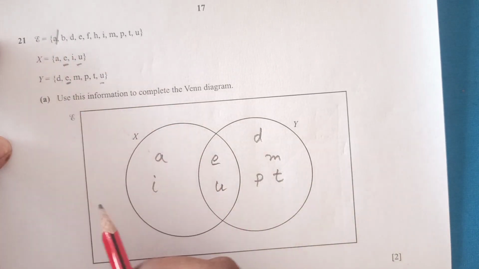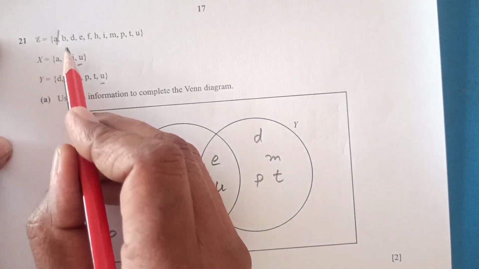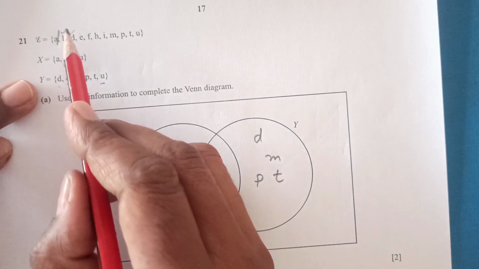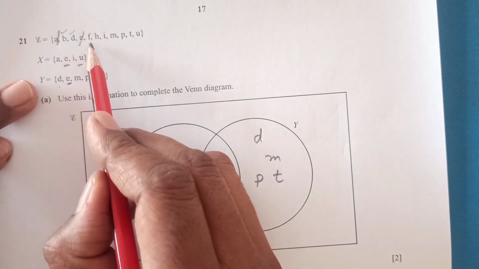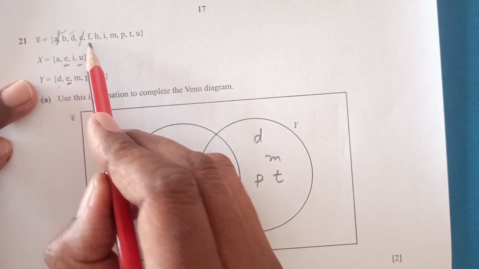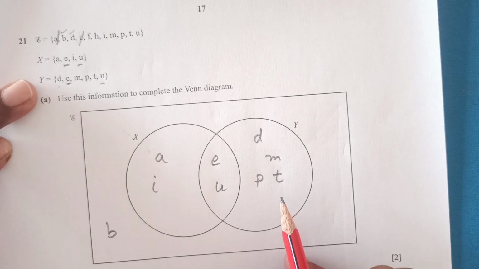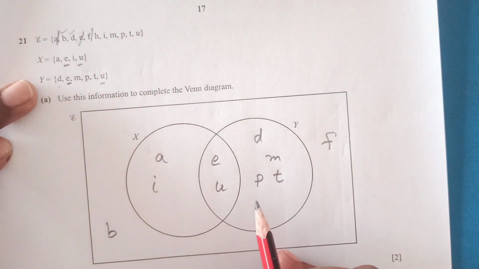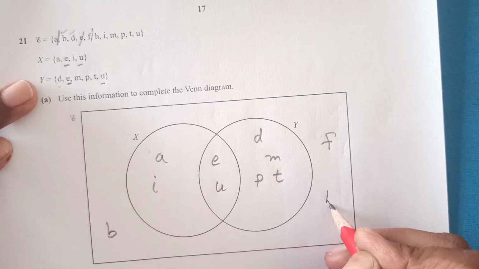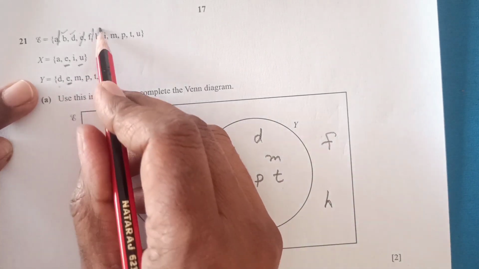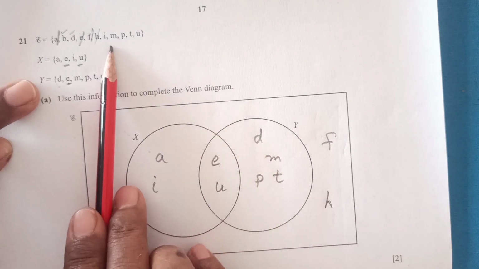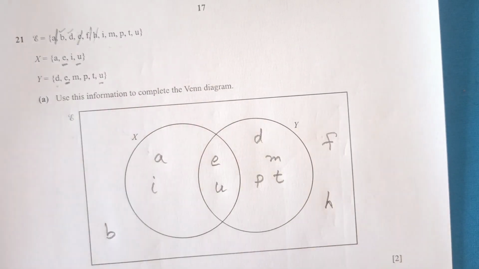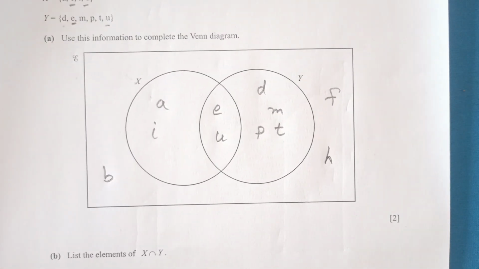B, we have not written B anywhere, B will go down, and D is there, E is done, F is also not done, right? So F will be outside. Then H, I don't see H also, so it's here outside, and I is done, M is done, P is done, T, U, others are done. So that's how you will complete this diagram.